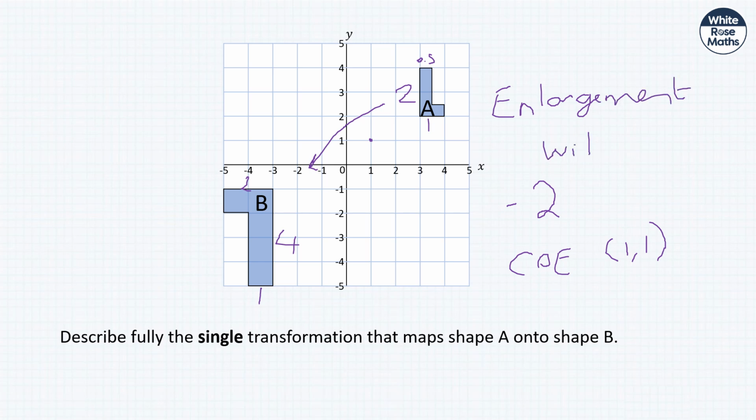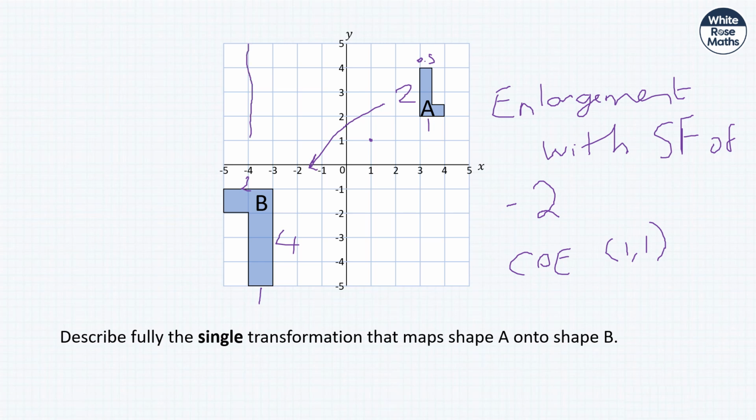sorry, let's write this first, with -2, so scale factor of -2, it would look something like this here. Obviously if it was 2, it'd be 4 down, sorry, I'm doing a terrible job today of sketching without a ruler.